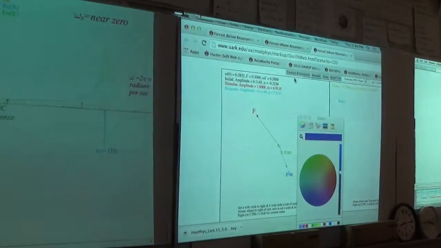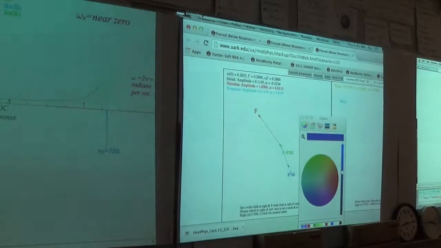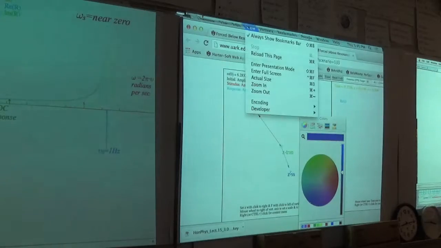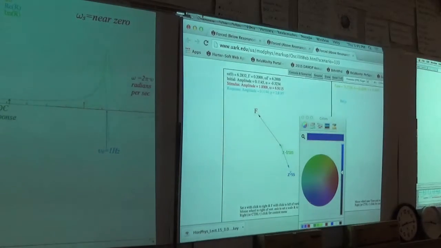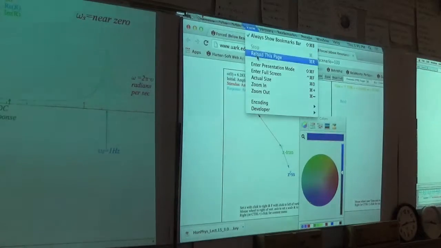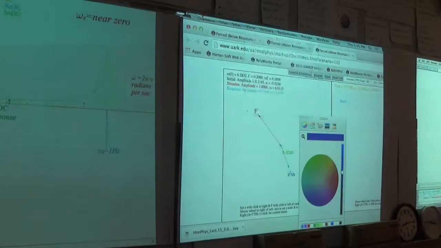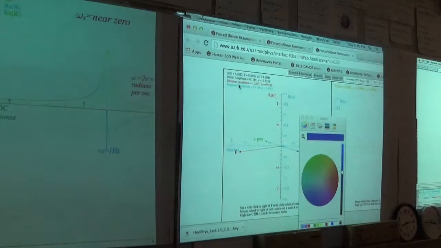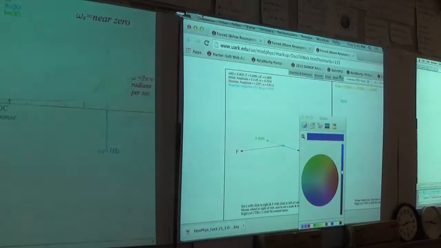So what I'm going to do in here, first of all, I'll set it up on a view that makes it fairly large. Hold up just a minute here. It seems to be working.